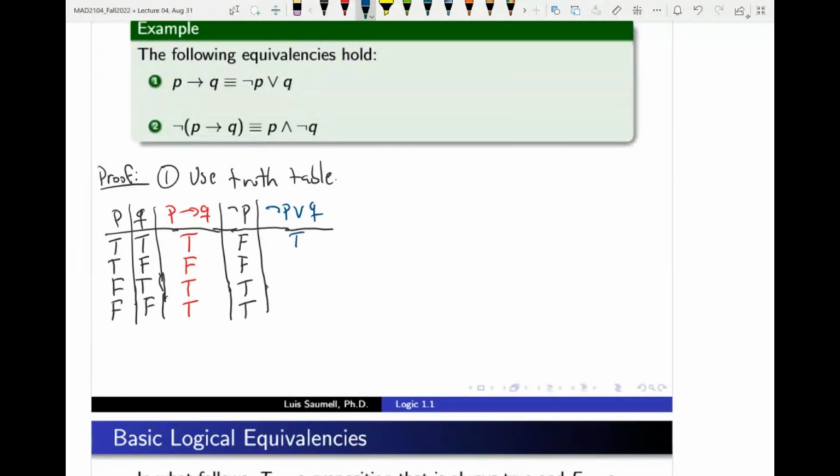So, true. Good. Then? False. Remember, here you have to look at column 2 and column 4. And do the OR. So there's a true here, so that's true. These two are false, so this is false. So now this will be true, and the last one is true as well. Remember, we're doing OR. Now, you take a look at it and you say, look, these guys are the same.